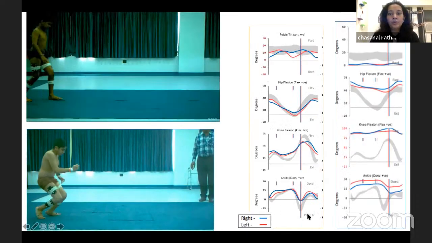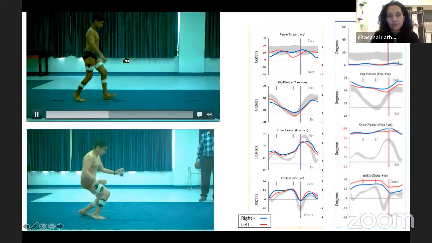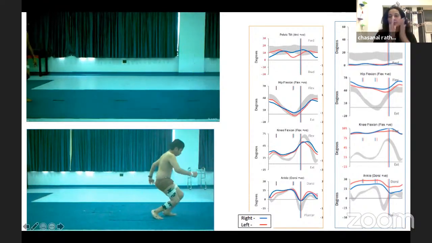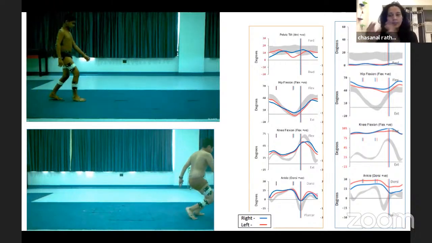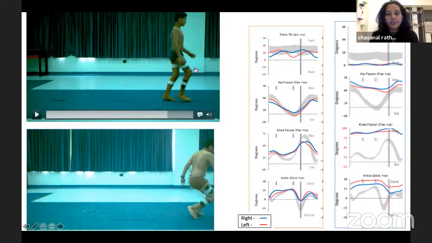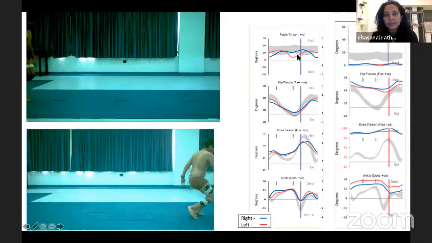If we look at both these graphs, this graph belongs to case one and this is case two. Both are sagittal plane graphs. We have skipped the transverse and coronal planes and I've just put the sagittal plane graphs. Looking at the first child, the gray part is the normal, the blue is the right and the red is the left.